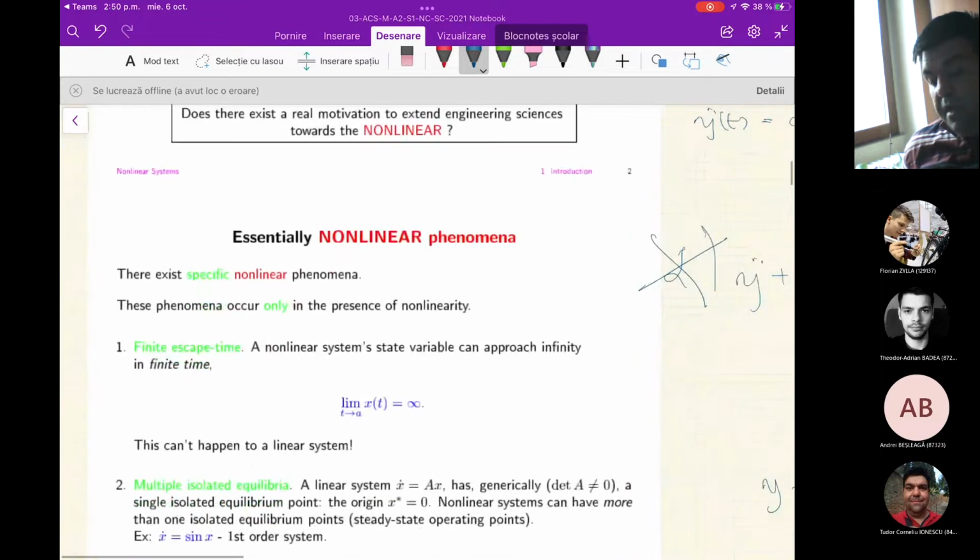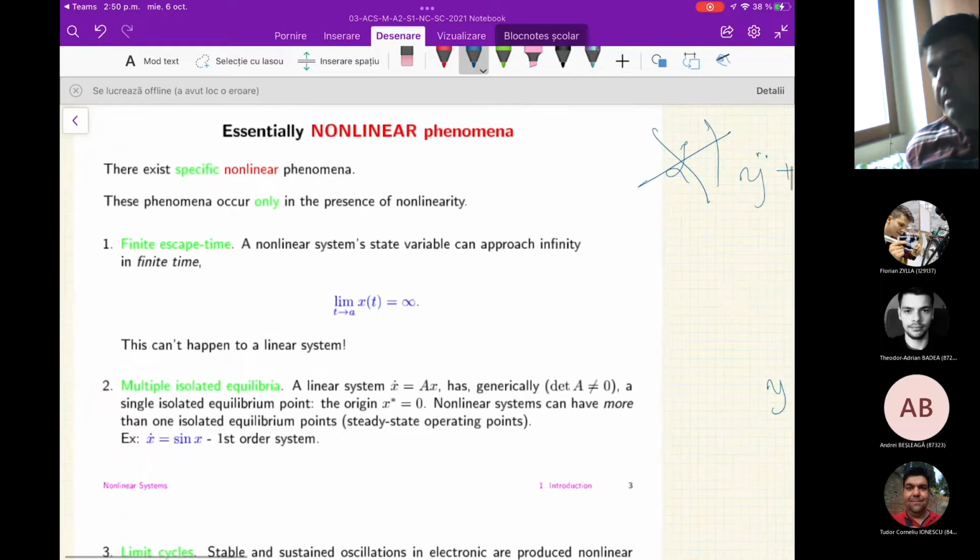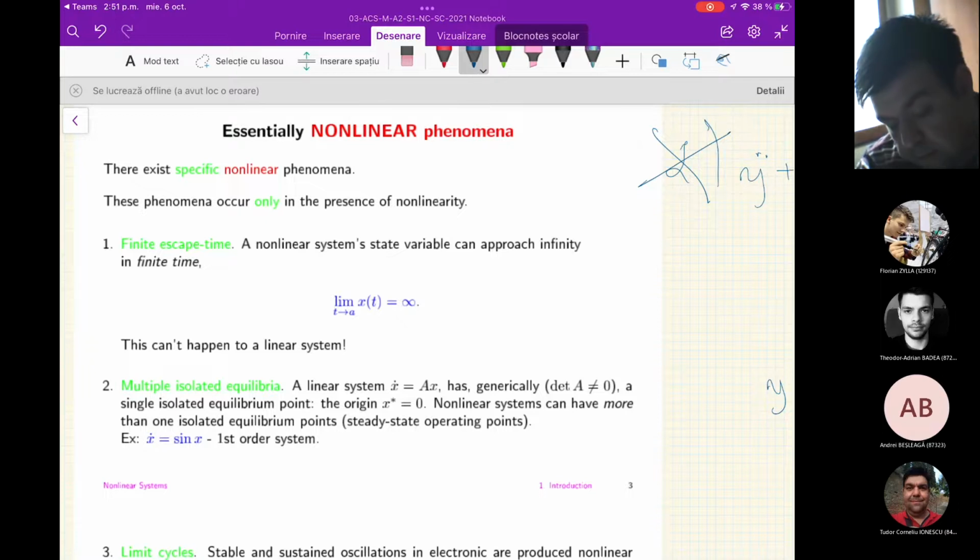And the question, and the answer is that the nonlinear phenomena themselves do provide us the answer, because there exist nonlinear phenomena which cannot occur in linear systems. These phenomena can only occur in the presence of at least a nonlinearity.